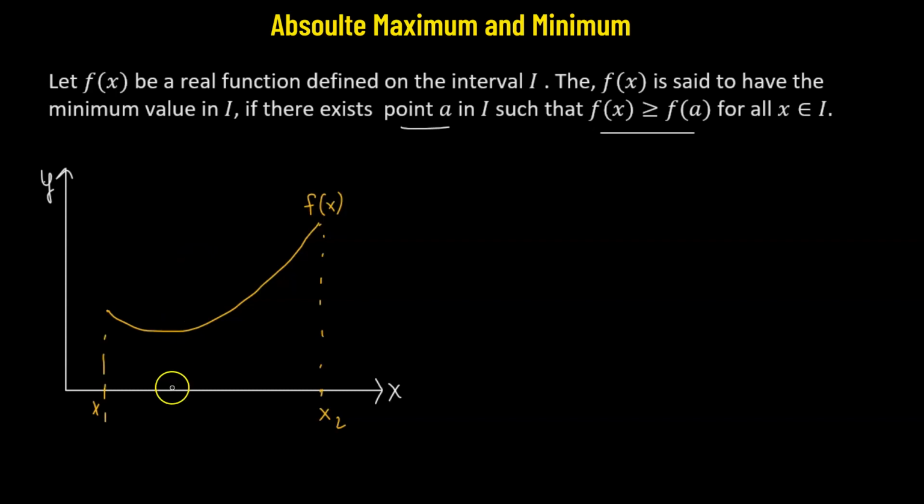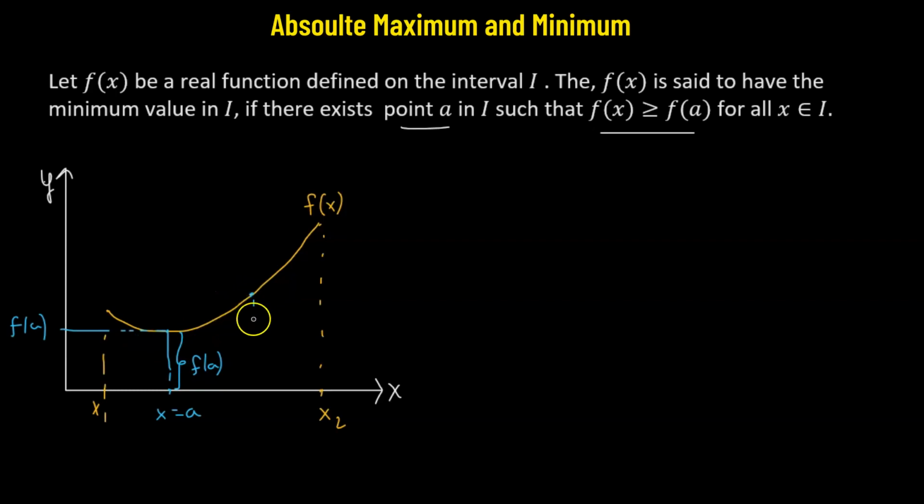Now we will consider a point x equals a within the interval, that means lying between the points x1 and x2, such that the value of the function, the corresponding value, is f of a. This value f of a is always going to be less than any point we consider on the curve.